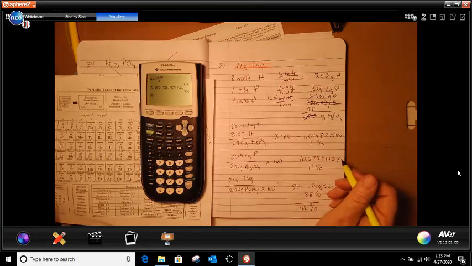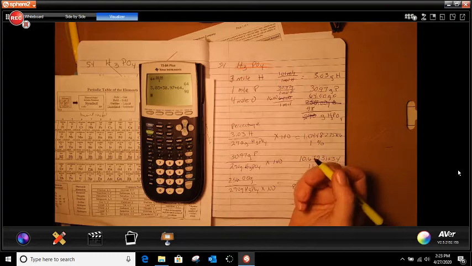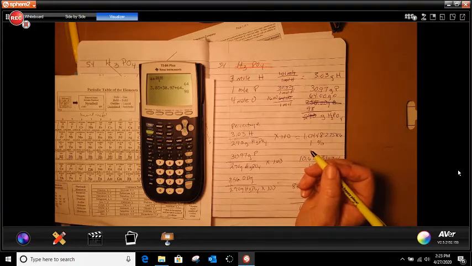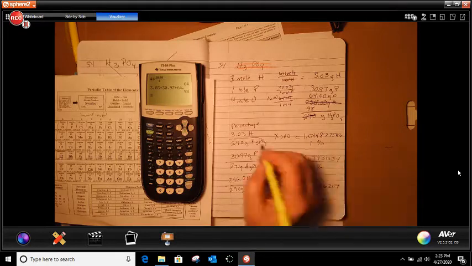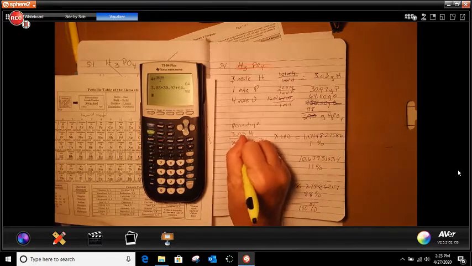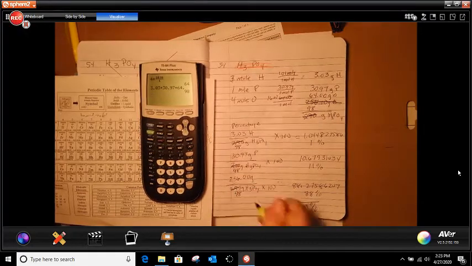So now I am going to go through and divide the numbers by 98 instead of what I had before. So this is 98, this is 98, and this is 98.